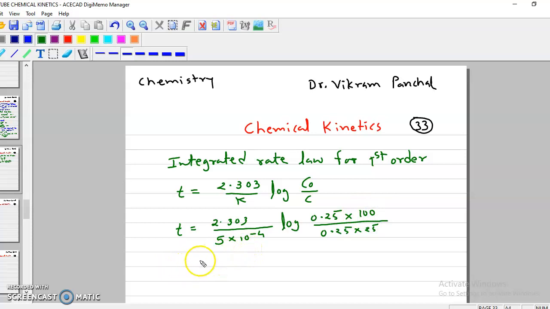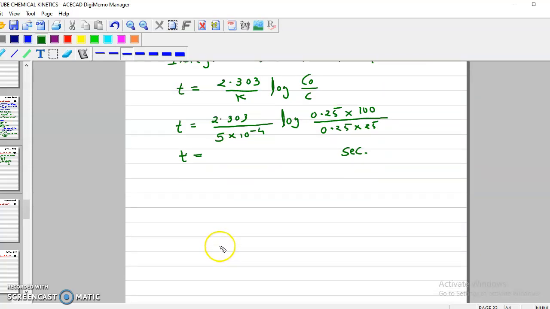Then you have to find out t. The 0.25 and 0.25 will be cancelled, and 100 upon 25 is 4. So you should know what log 4 is, and then you can find out the answer. This way you can find the seconds required to complete 75% of the reaction.